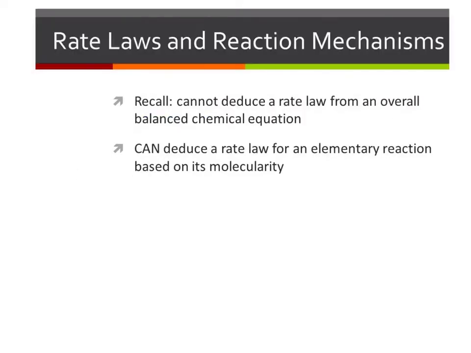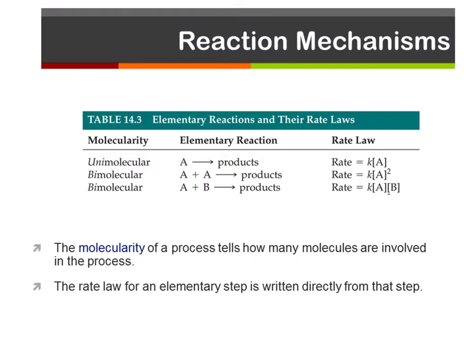Remember that we can't deduce a rate law from the overall balanced chemical equation, but we can deduce a rate law from an elementary reaction based on its molecularity. What is molecularity then?